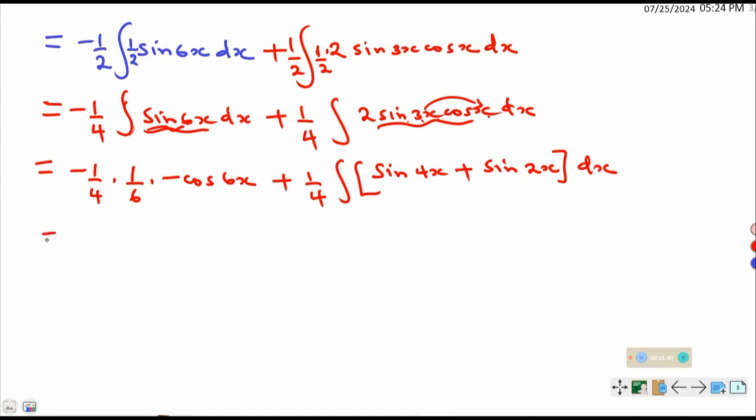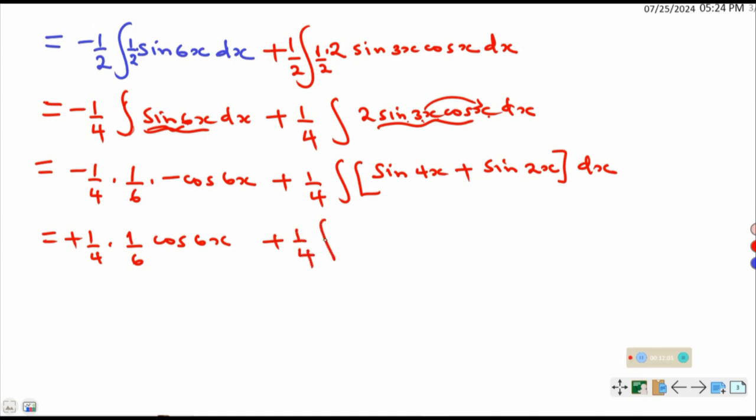So from there we shall have negative a quarter. This is negative, so that will give us a plus, that is plus a quarter, then times 1 upon 6 cos of 6x, then plus this would be a quarter.